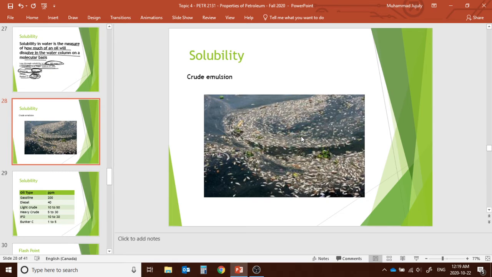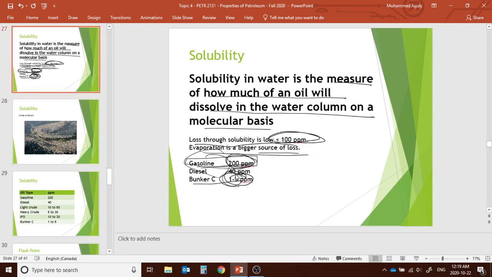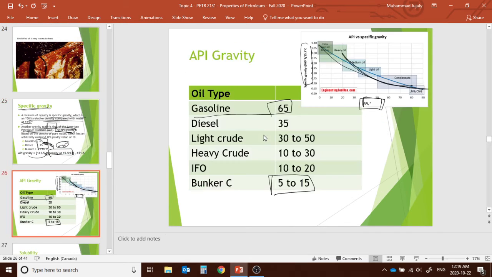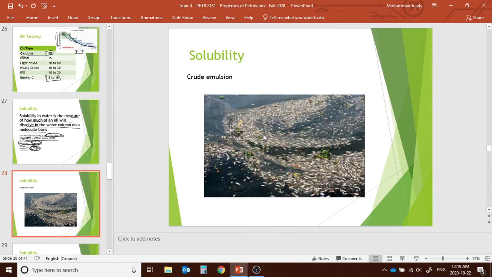So this is how it actually creates the crude emulsification. Look at this picture, we can see the dead fish, and that's why I said this emulsification is very bad, because it actually creates a film on the top. What happens is the oxygen cannot actually get through the water, and the fish cannot breathe.